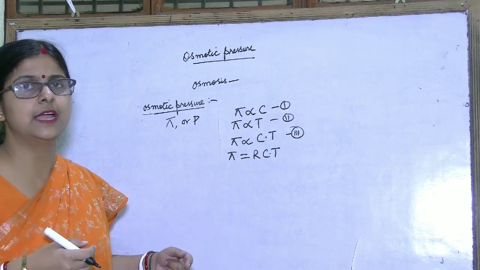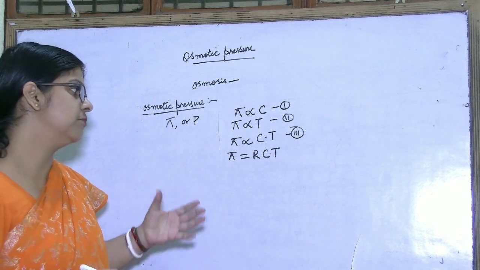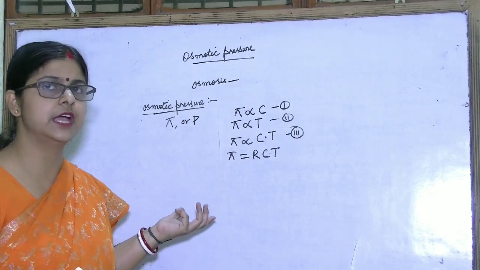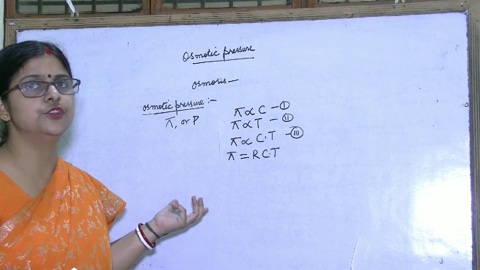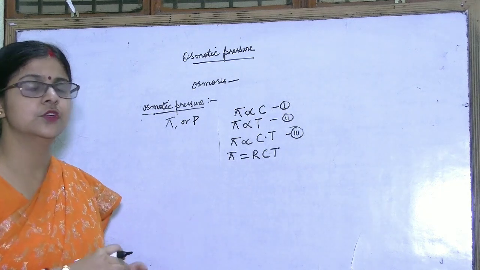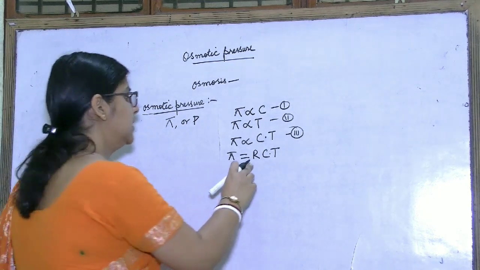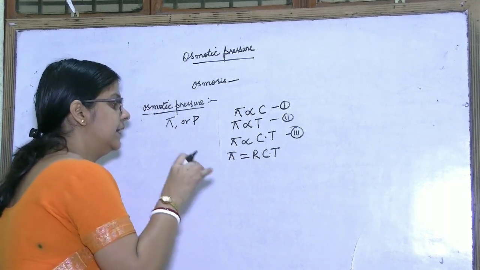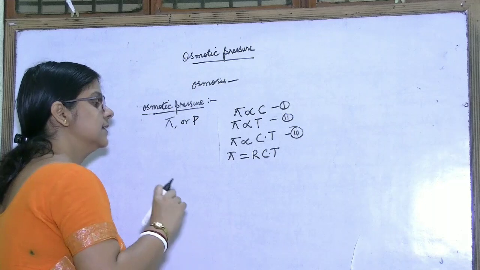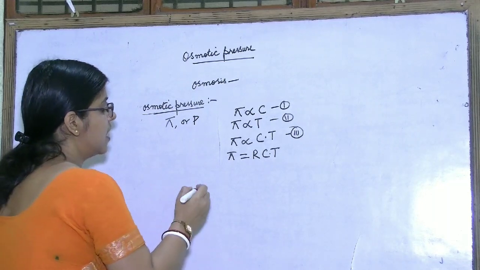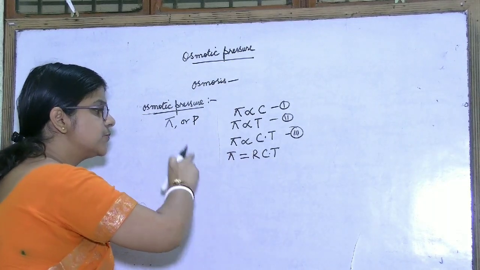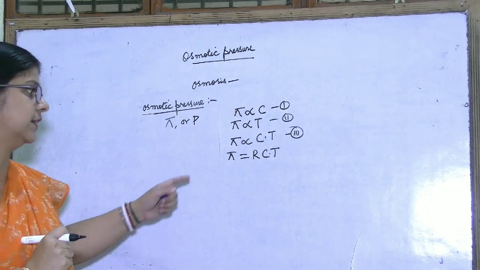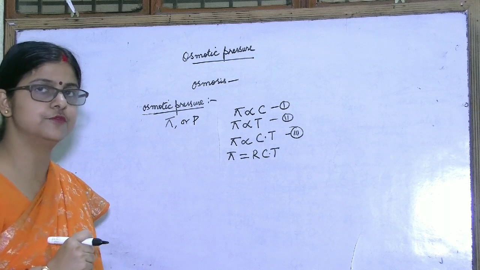We all know that if the volume is given in liters, the value of the gas constant is 0.082 liter atmosphere. So R is the constant of proportionality and its value is the same as the gas constant. Through this formula you can calculate the molecular mass of solute.